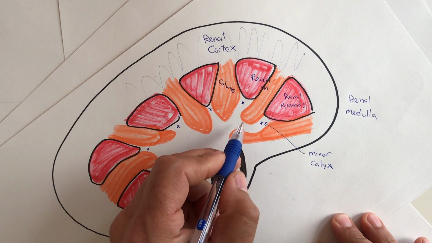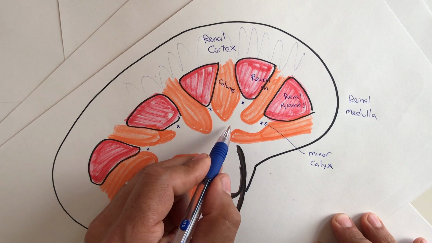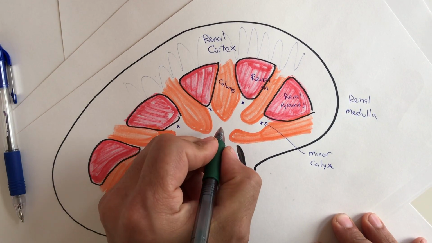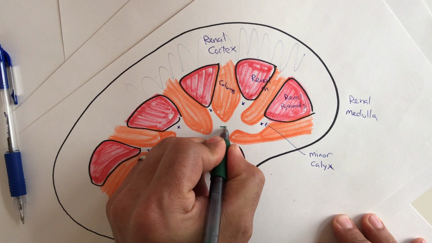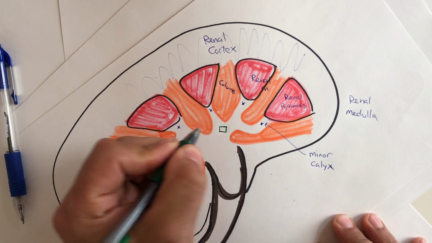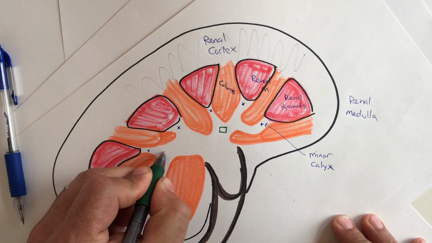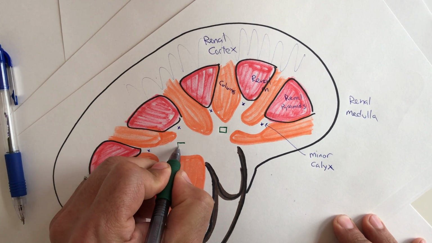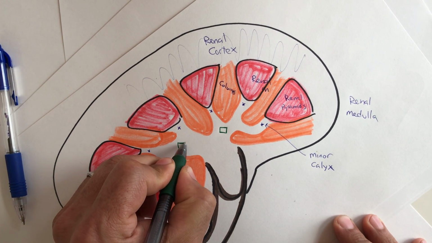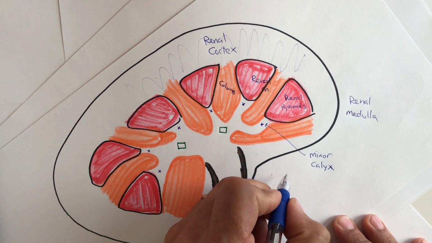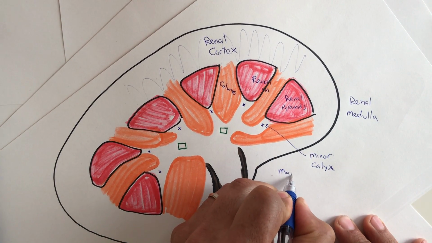And these minor calyces, as you see, merge and form slightly larger areas right here. So we'll have several of these major calyces.